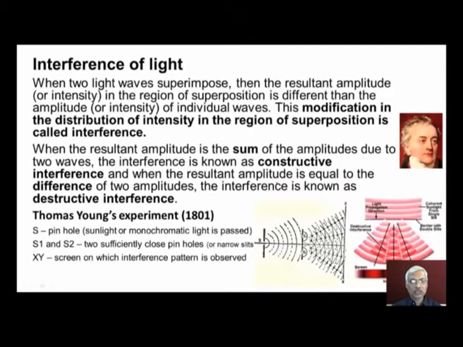Now let us try to understand the interference phenomena of light. Now when two light waves superimpose, we can see here in this diagram we have a source of light, S is the source of light, and we are getting the primary spherical waves, and at this point we have a screen, say this is AB.